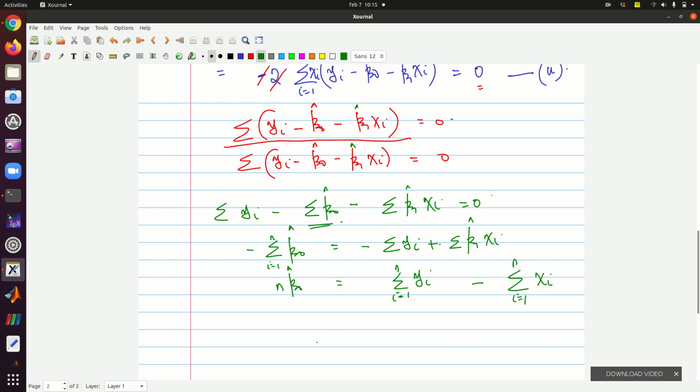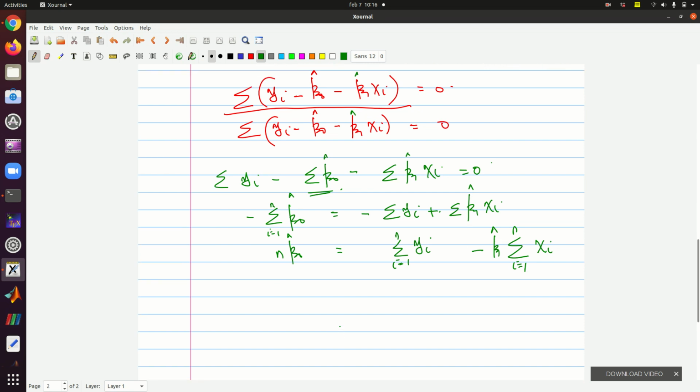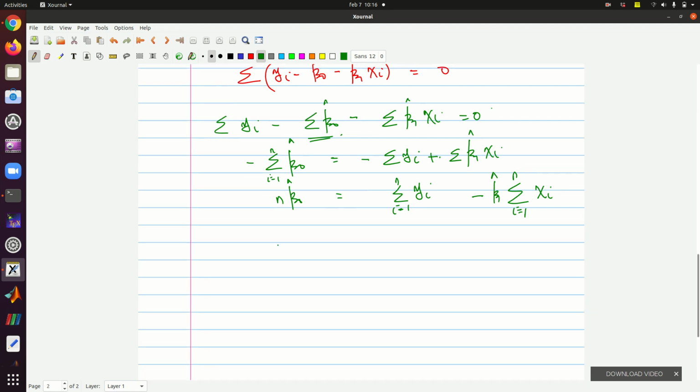This is the index over which we are summing, but with regards to summation, beta 1 is again a constant, so we can pull this one out here. Then next we can divide through by n such that we have beta naught equal to the summation from i equals 1 up to n of yi divided by n, minus beta 1 times the summation from i equals 1 up to n of xi divided by n.